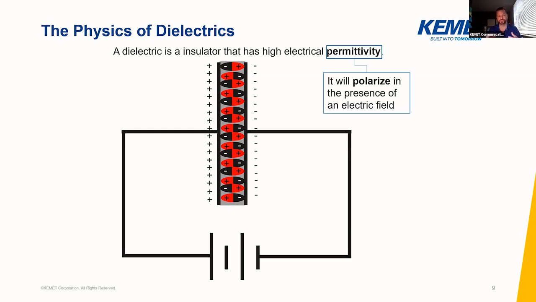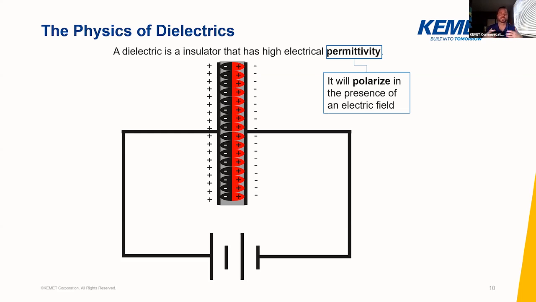Those charge carriers, if you will, aren't really flowing, but there is an electric dipole, an electric separation of charge. They will actually line up in the presence of an external electric field. So that means the material has the capability of spontaneously generating these dipoles and aligning to the external electric field. That, in essence, is the internal physics of dielectrics.